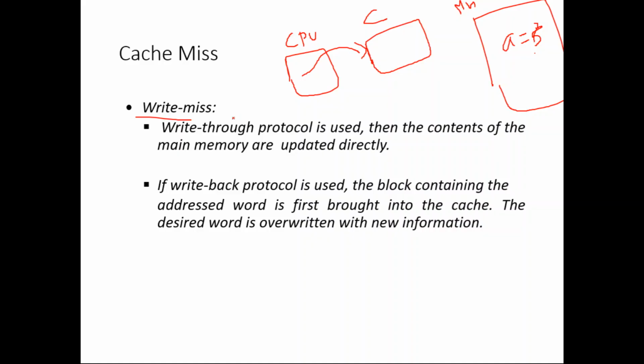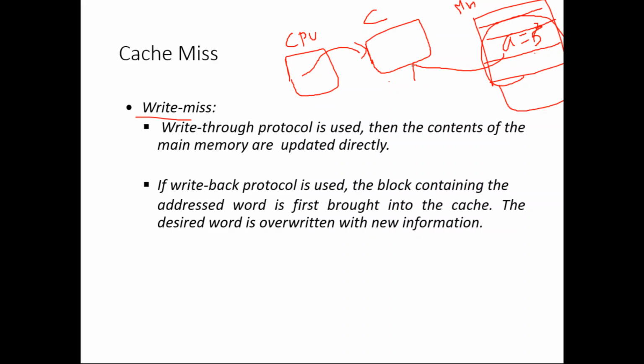So again, there are two ways to handle this. Whenever there is a write miss, the memory control unit will identify the block in the main memory which contains the word a equal to 5, and then move that entire block to the cache memory.